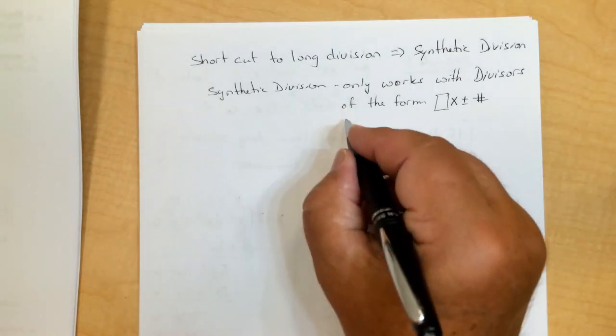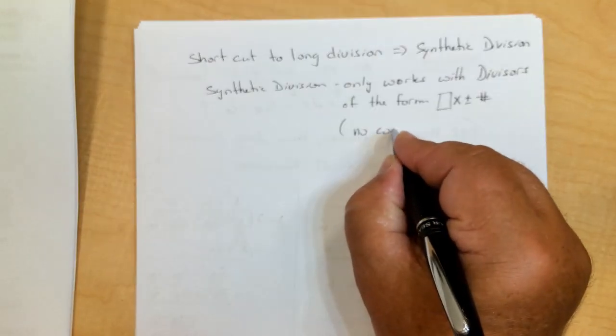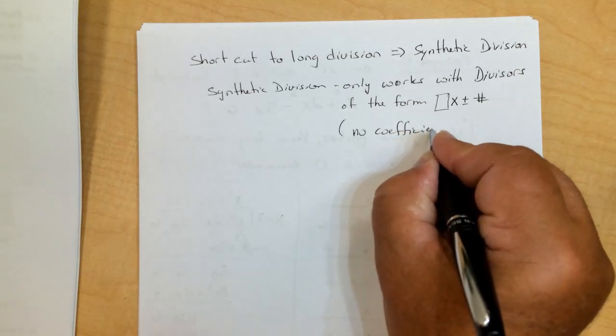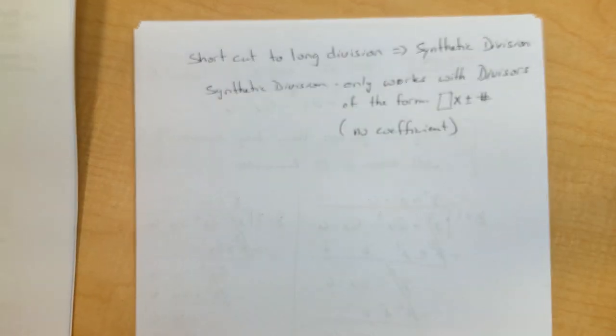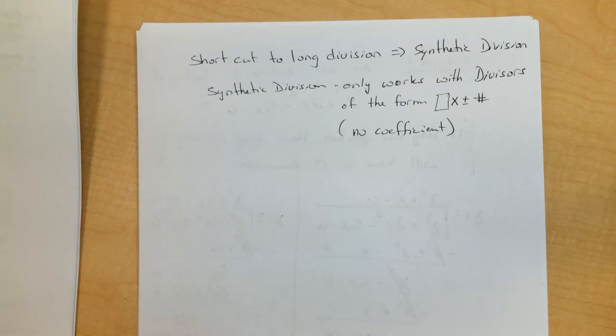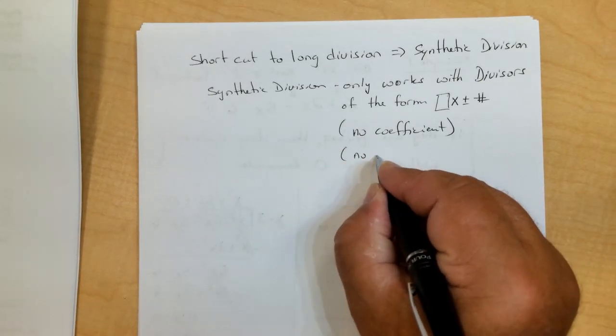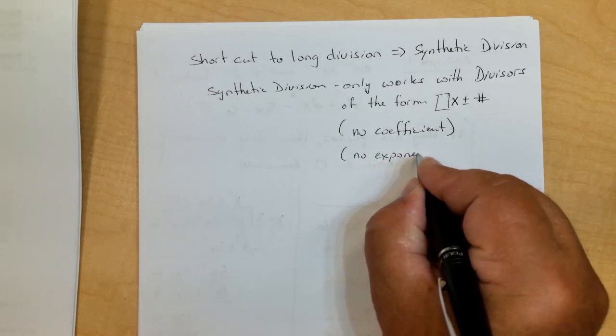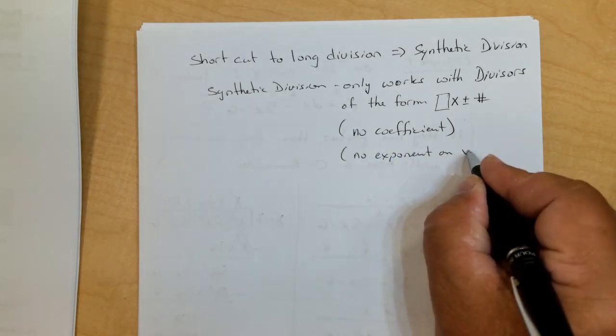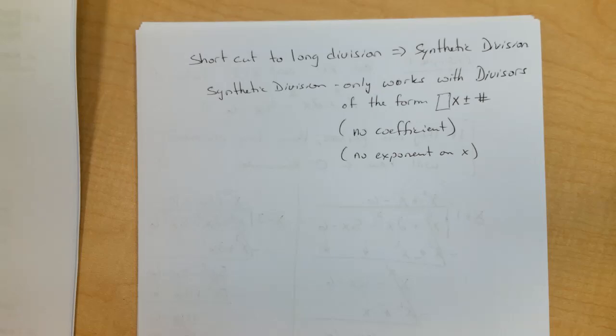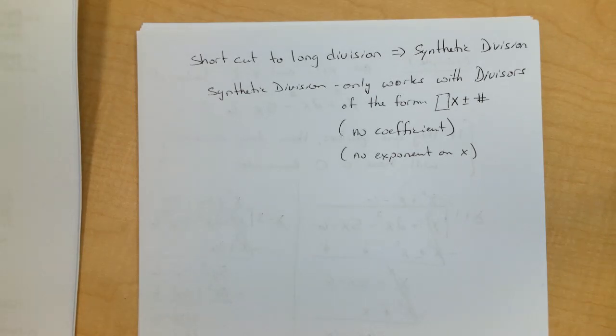You cannot have a coefficient, or an exponent, you cannot have a power. So synthetic division only works when you have functions divided by x plus or minus a number.